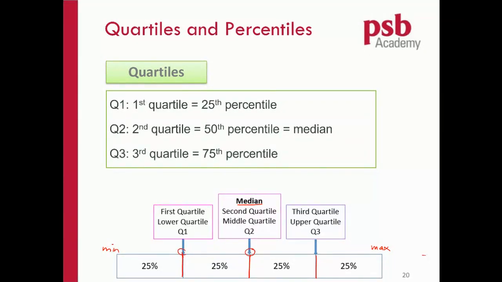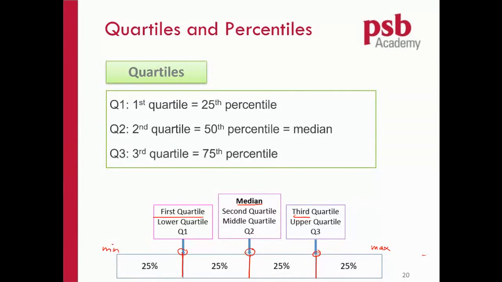At this point, you call that the first quartile, the first of the 4. This will be the second of the 4, second quartile. This will be the third of the 4. This is called the first quartile or lower quartile. That's called the third quartile or upper quartile. The second quartile or the median has another name, the middle quartile.